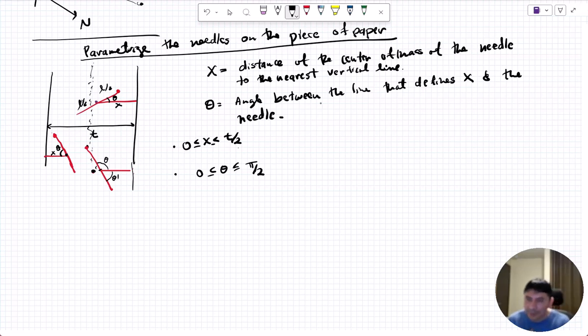There are two angles between the line that defines x and the needle, theta and theta prime.